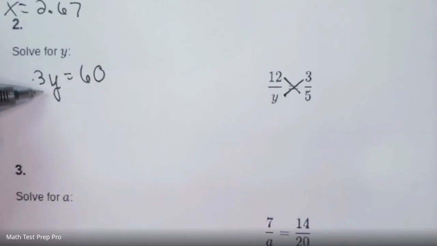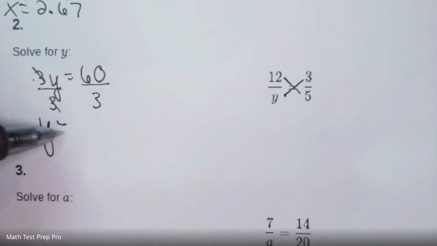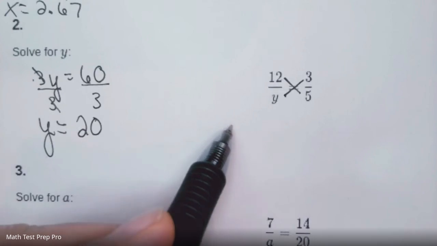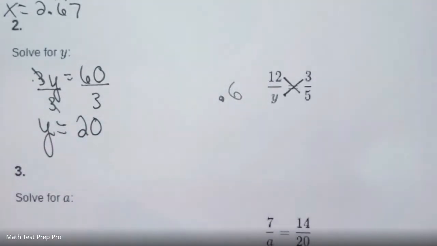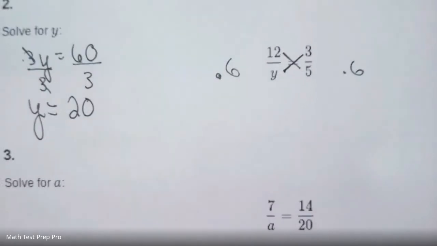To get rid of that 3 and get the y by itself, you have to divide by 3. That'll cancel the 3's out. What you do on one side, you have to do on the right side as well. So y equals 60 over 3, and 60 divided by 3 is 20. Now let's plug that back in. 12 divided by 20 equals 0.6. 3 divided by 5 equals 0.6. So that's correct.